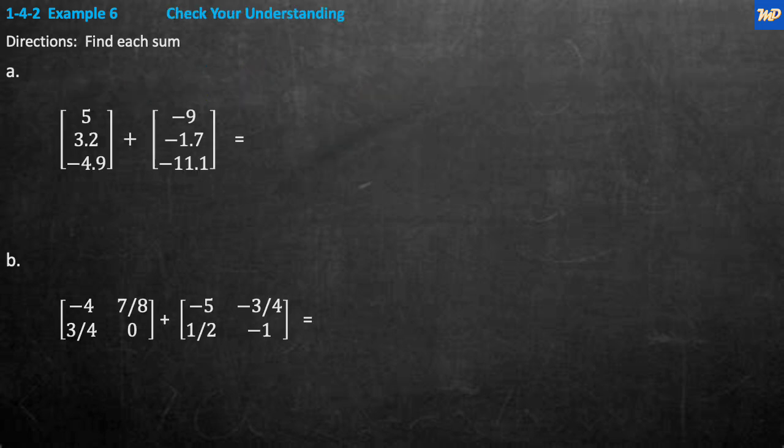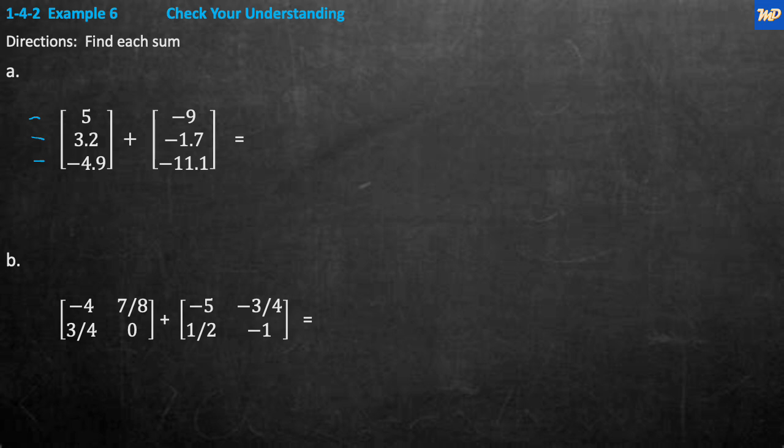Okay, example 6, check your understanding. You know what that means. I'm going to ask you to do these on your own. Find each sum. It's not going to be hard. I'll talk a little bit with you about it before we stop here and let you go do it on your own. You see that this is 3 rows and 1 column each.